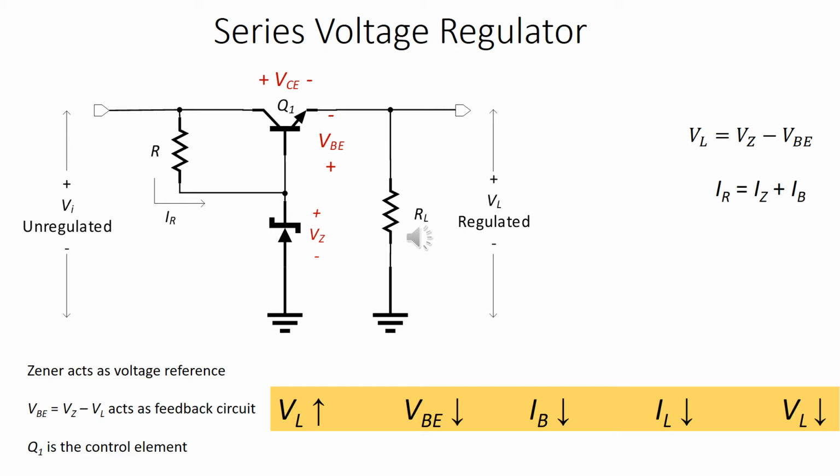Then we have the base emitter voltage of the BJT, with the base more positive with respect to the emitter. Looking at the polarity, negative, positive, positive, negative, it is a series opposing connection. Therefore, we can say VL equals VZ minus VBE.